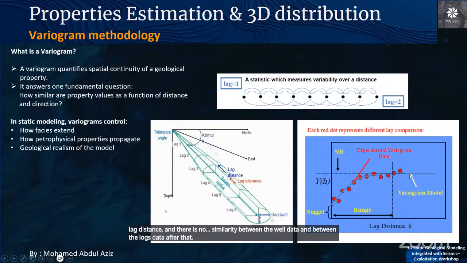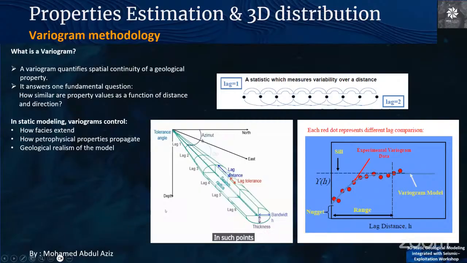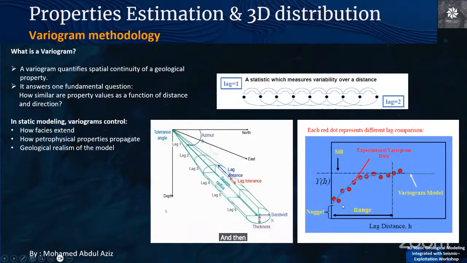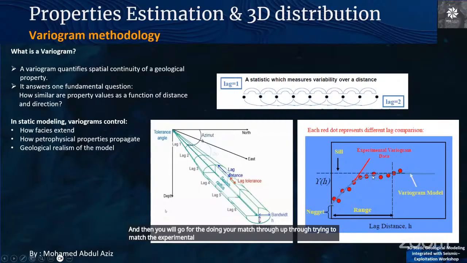So the similarity of the variance stops here, which is the sill. At such a point, the variogram understands its inputs: to put the nugget, to put the sill, to put the range. Then you go on to do your matching, trying to match the experimental variogram data to the well data you have.